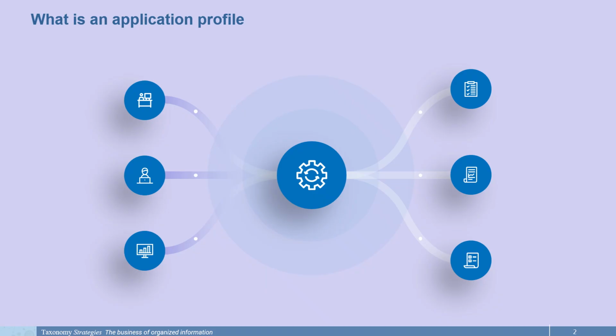So first, let's talk about what an application profile is. An application profile defines a specific set of requirements, settings, and metadata for a particular application to ensure compatibility and functionality.